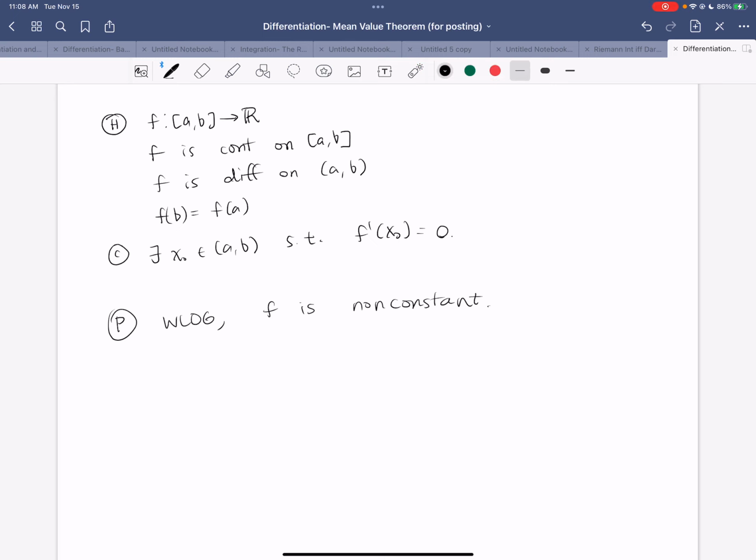Okay, so now we're in a situation where here's a, here's b, and f of a is equal to f of b, but our function is non-constant.